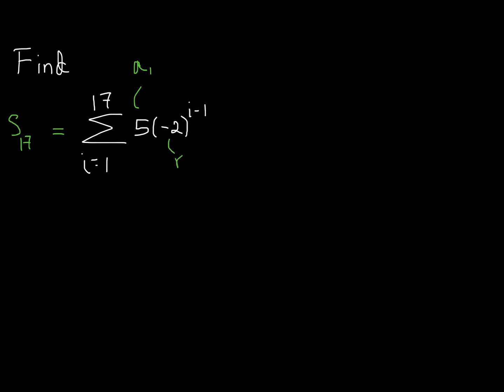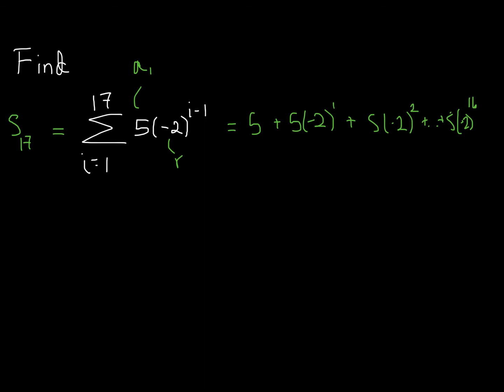And so what this will look like is the first term will be 5, and then I'll have plus 5 times negative 2 to the 1, plus 5 times negative 2 to the 2, all the way up until 5 times negative 2 to the 16th. Okay? So you can use the partial sum to find that. Go ahead and give that a try, and I'll tell you the answer in just a second.